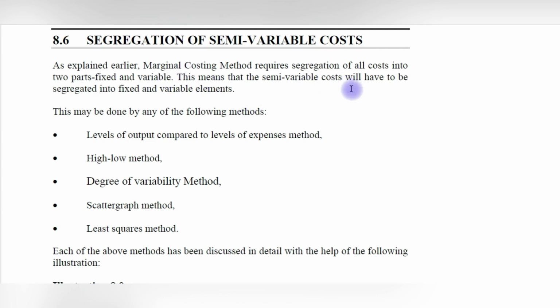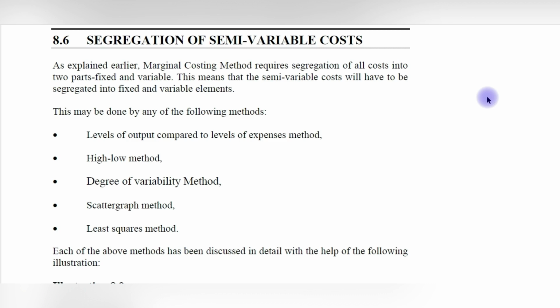This means that semi-variable costs will have to be segregated into fixed and variable elements. For the sake of examination or for the sake of understanding this chapter, the question will be given like this: this is the fixed cost, this is the variable cost. But normally, in real-time scenarios, businesses will use different kinds of methods for identifying the variable costs.